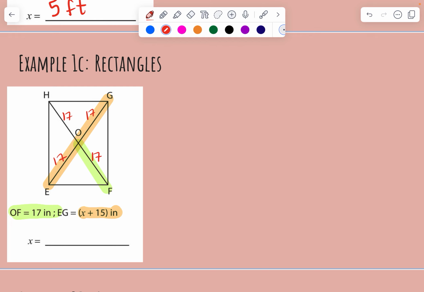Well, I know that OF plus OH, that whole part here, is equal to FH.